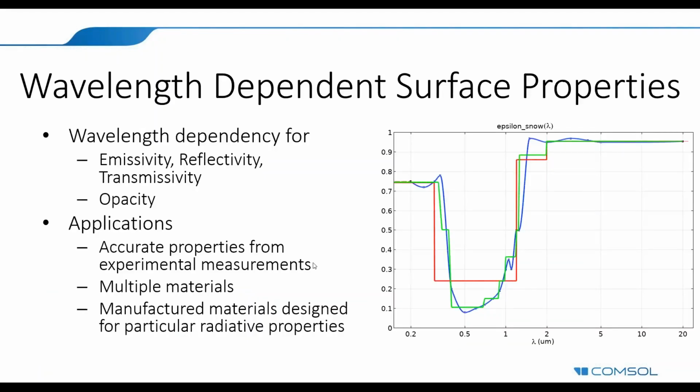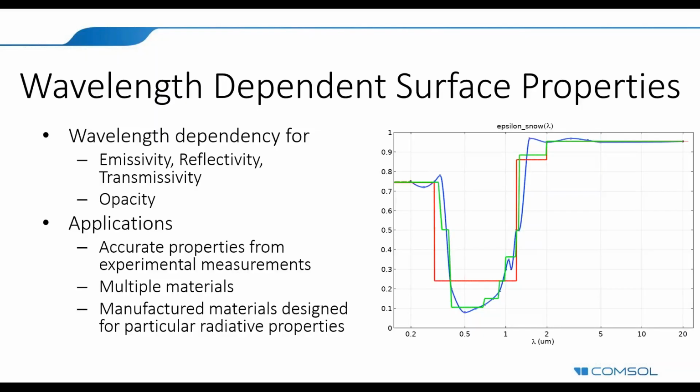So about wavelength dependent properties. It's very interesting to define emissivity, reflectivity, transmittivity, or opacity as a function of the wavelengths. And the application is that if you have access to accurate surface properties, then you can enter them in COMSOL Multiphysics.